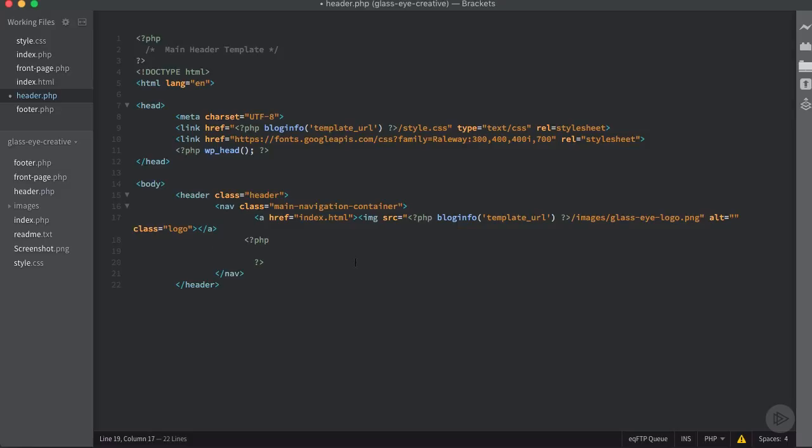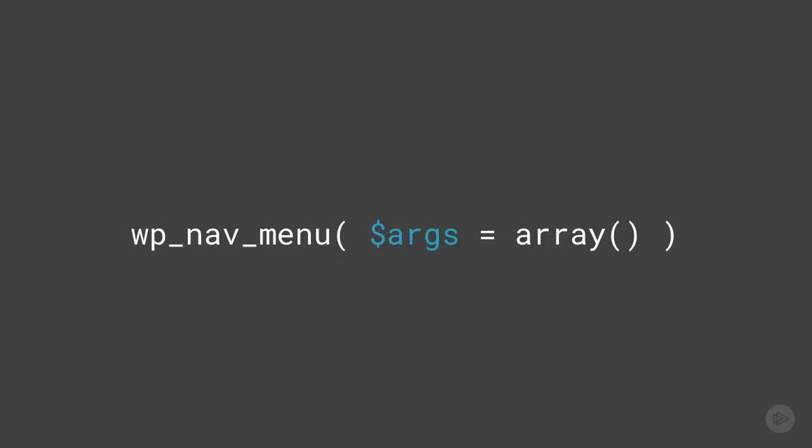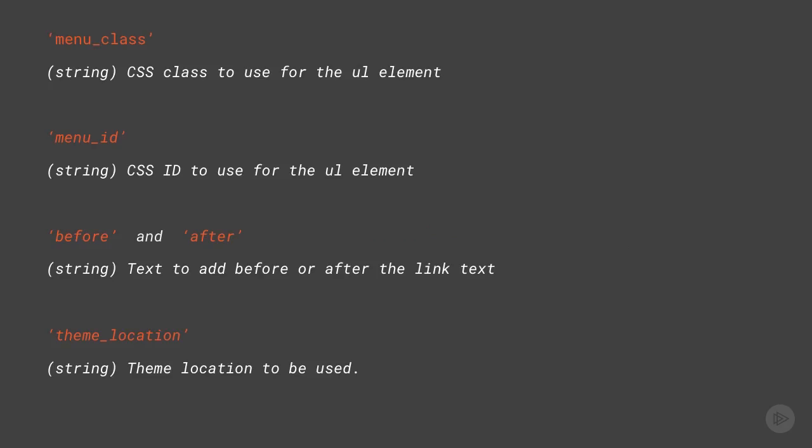And then inside of here we're going to use a special function to pull in our navigation. And that special function is called wp_nav_menu. And it takes a set of arguments which we pass to it as an array. All these are optional, so we have all kinds of different things we can pass.